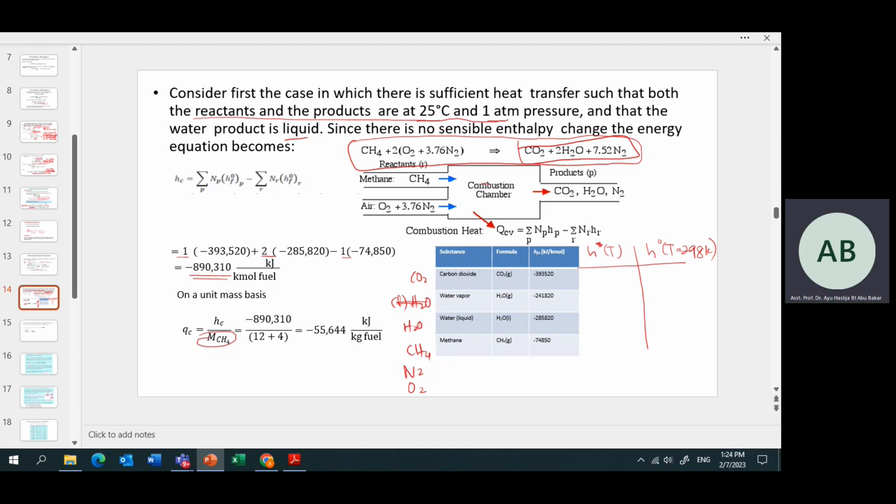Is there any sensible heat involved? No, right? Because the enthalpy at a particular temperature is the same as enthalpy at reference, since both reactants and products are at 25 degrees C. So there is no sensible heat involved, because there is no change in temperature.